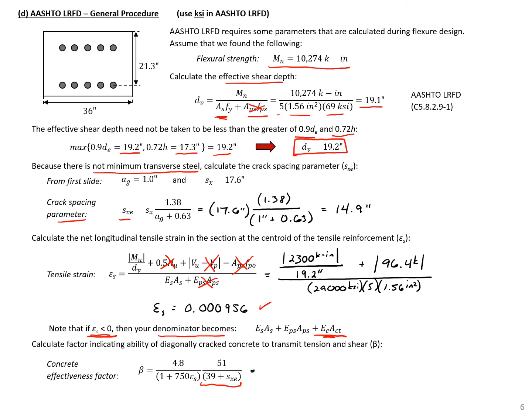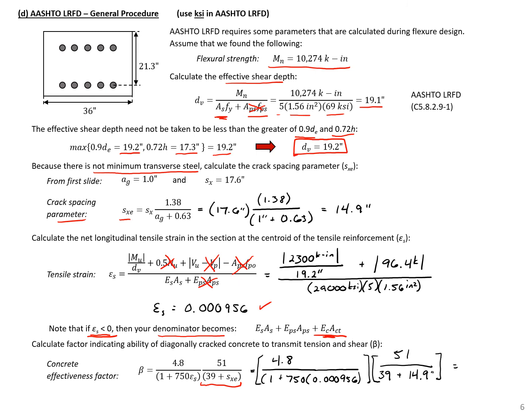So we'll have 4.8 divided by 1 plus 750 times epsilon S, 0.000956, times 51 divided by 39 plus our S sub XE, which we found to be 14.9.